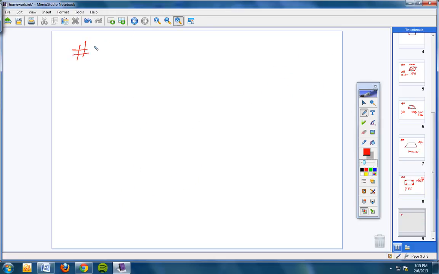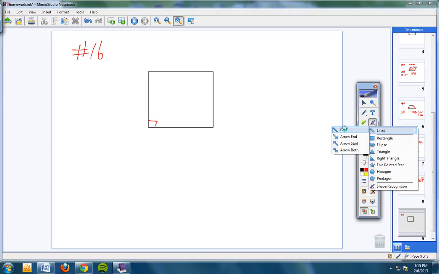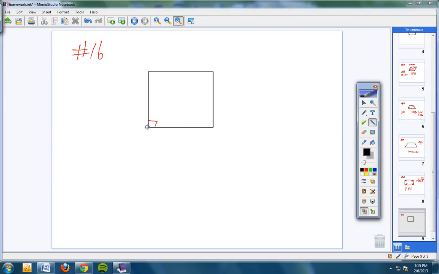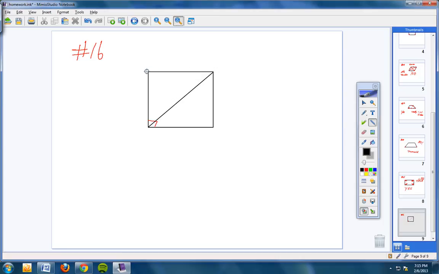All right, number 16. It says, do we know for sure that we have a square? Well, let's go like this. Wow, let's not go like that. Let's try that again. All right, and let's put a right angle symbol here, and then a couple of diagonals going across.